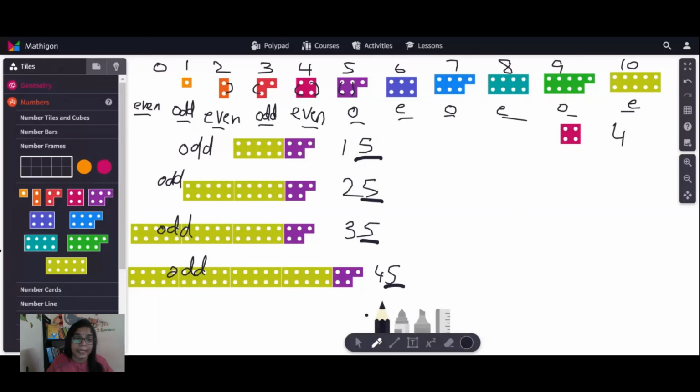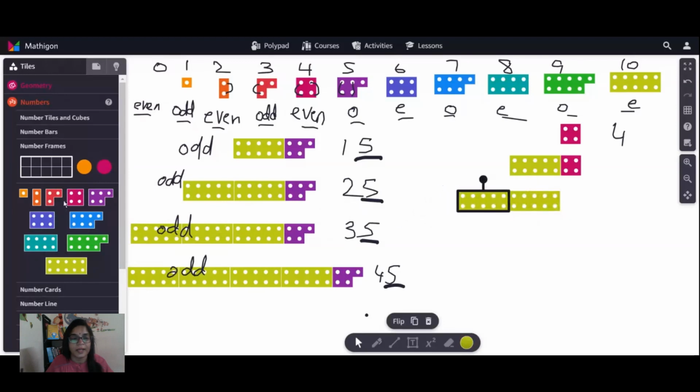Then I'm skipping the count by 10. What is my next number I'm going to take? Yes, the 14. So I'm going to put the 10 and the 4. It's a 14. Then I'm going to take two of the tens and making it a 24. This is a 14. This is a 24.